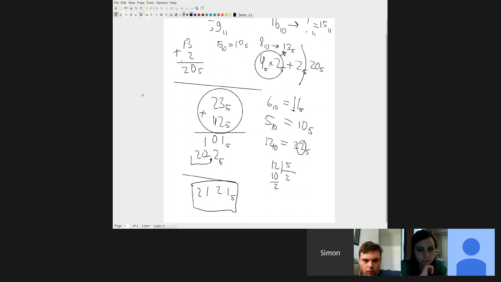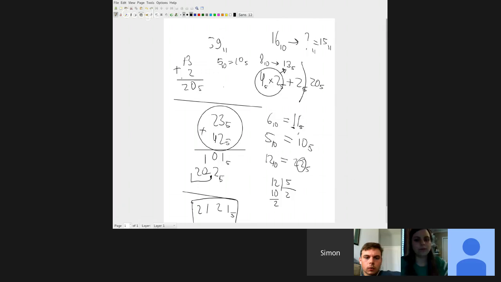Hold on. First, what did you do? Are you dividing 12 by 2 on the bottom corner on the right, in the earlier step? Are you talking about when he divided 12 by 5? Oh, yeah, okay, never mind.